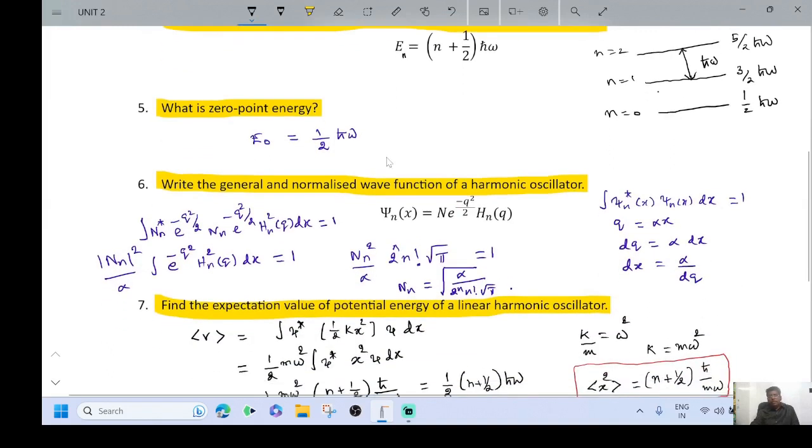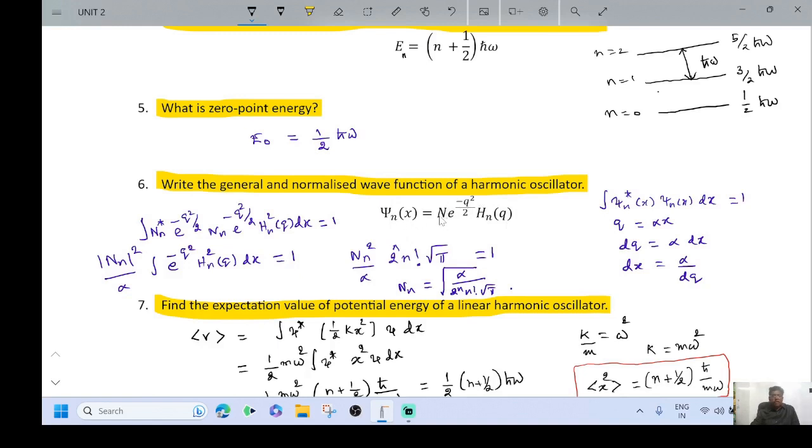Write the general and the normalized wave function of a harmonic oscillator. ψ(x) = N e^(-q²/2) Hn(q) is the wave function of linear harmonic oscillator. Here N is the normalization constant.